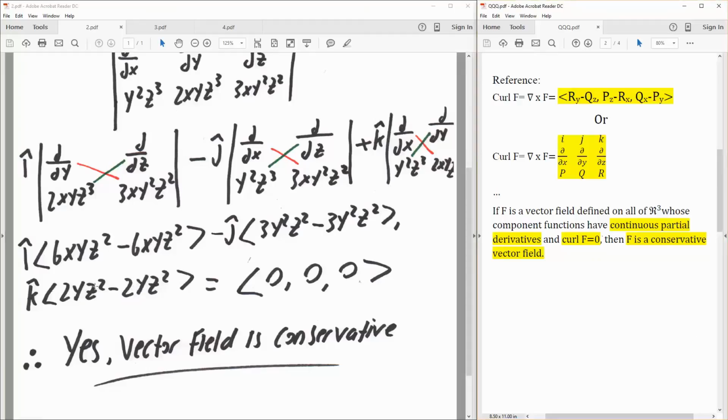And I just realized this should be z cubed, and this should also be z cubed, because when we take the partial derivative in terms of y, we would get 2y z cubed. Likewise, this was 2xy z cubed, and we're taking the partial derivative in terms of x, so it would also be 2y z cubed. And so now when we add everything up, we get 0, 0, 0, and since our curl is 0, we can say the vector field is conservative. And that's all we need to do.